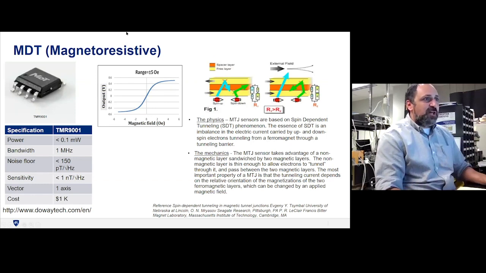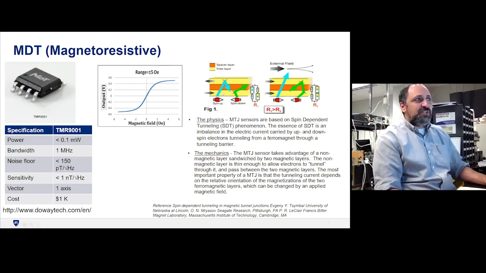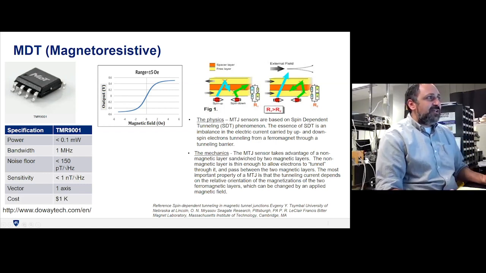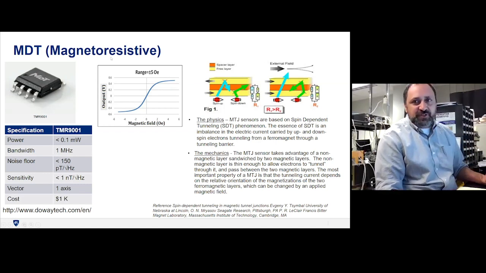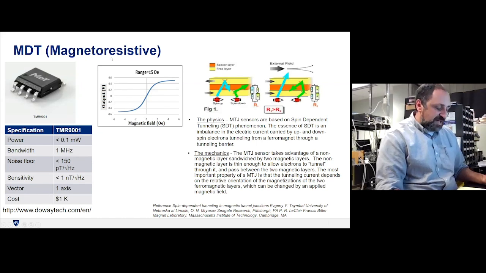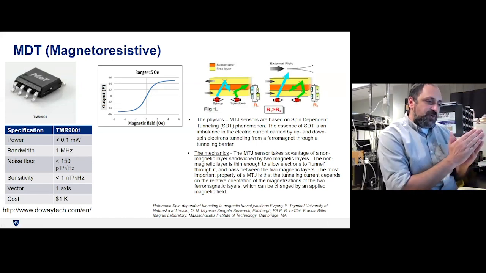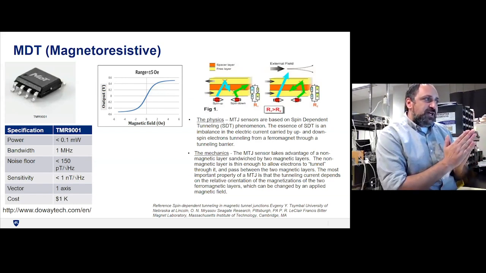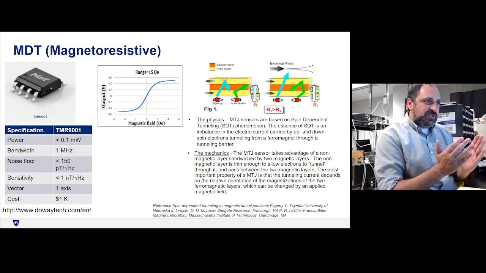This also is not a quantum magnetometer, although it relies on a quantum mechanical effect. So this is the highest end of a magnetoresistive magnetometer. And there's a wide range of magnetoresistive magnetometers. This is a tunneling magnetoresistive magnetometer.